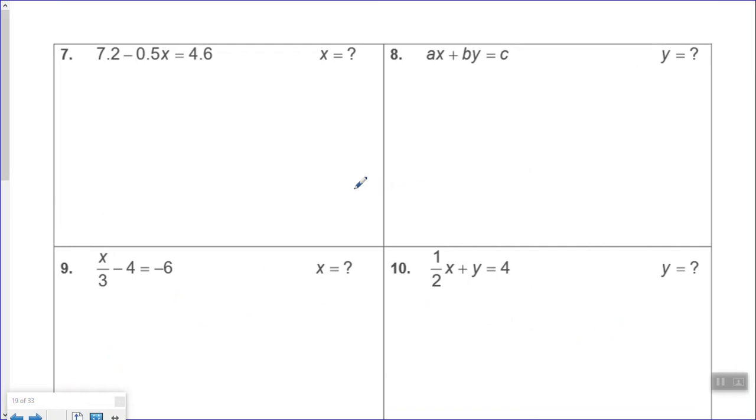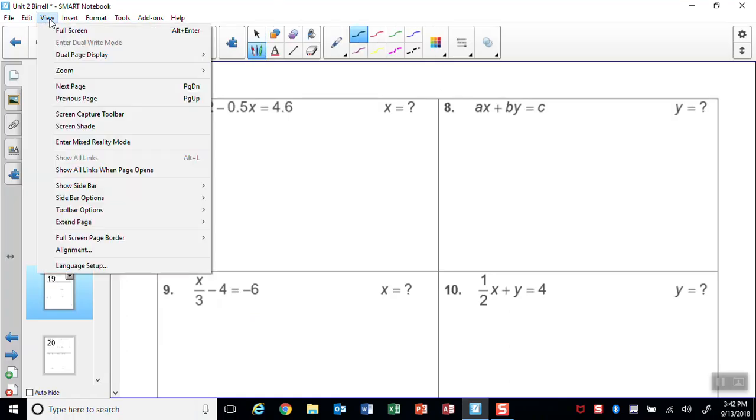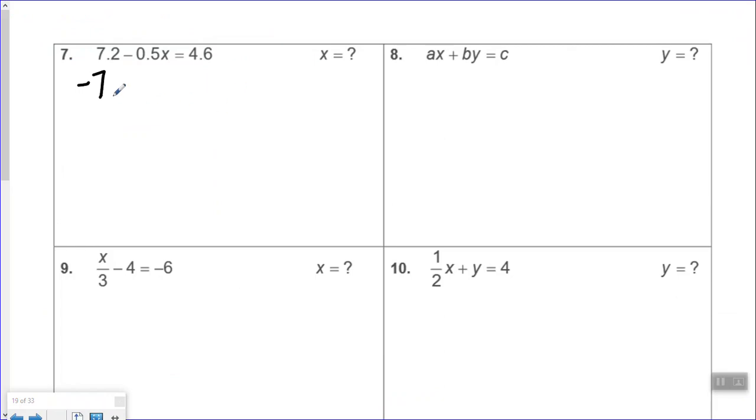Okay, now we have decimals. So same thing, you are solving for x, subtract 7.2 on both sides. Subtract 7.2. 7.2 will be cancelled.